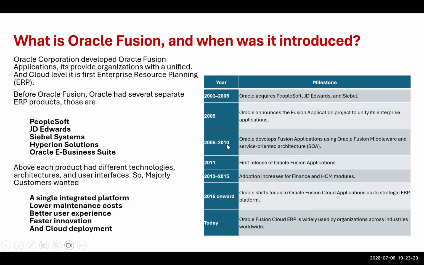From 2006 to 2010, Oracle developed Fusion applications using Oracle Fusion Middleware and service-oriented architectures. The first version was released in 2011. From 2012 to 2015, Oracle adapted a few offerings, like Finance and HCM.